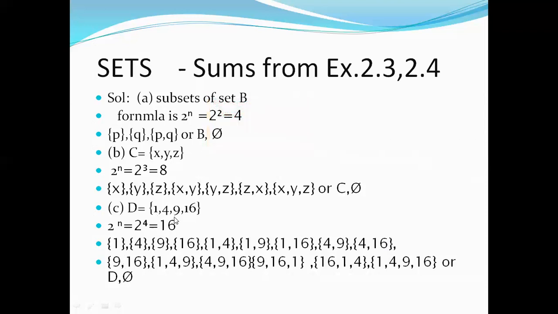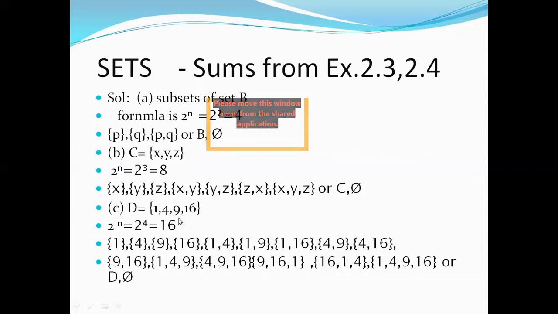Now the next one is 3-element sets. {1, 4, 9}. Then start with 4: {4, 9, 16}. Then start with 9: {9, 16, 1}. Then start with 16: {16, 1, 4}. That's all, so we completed. Now what is left over? The 4-element set, that means the set itself.